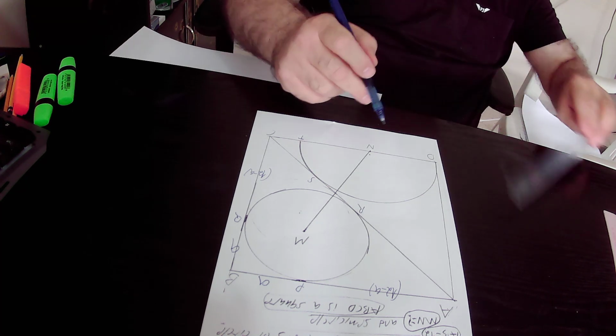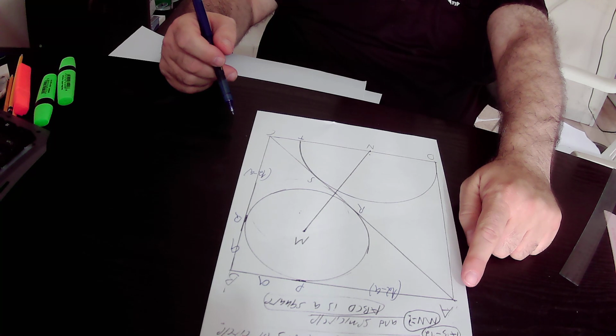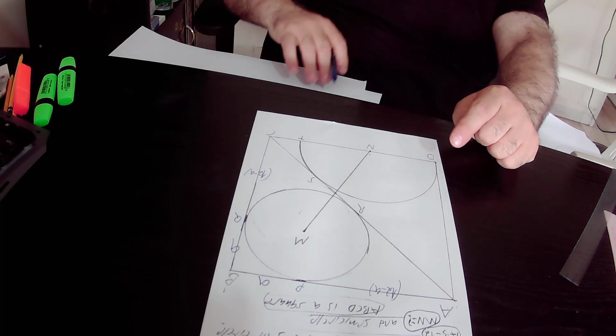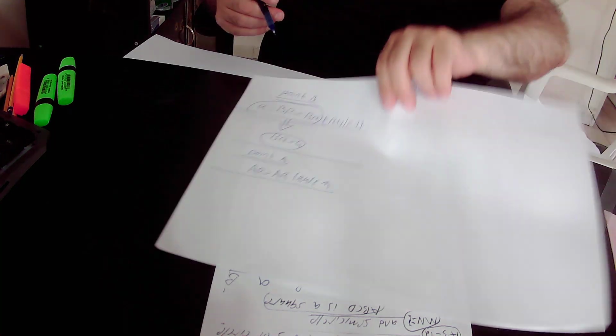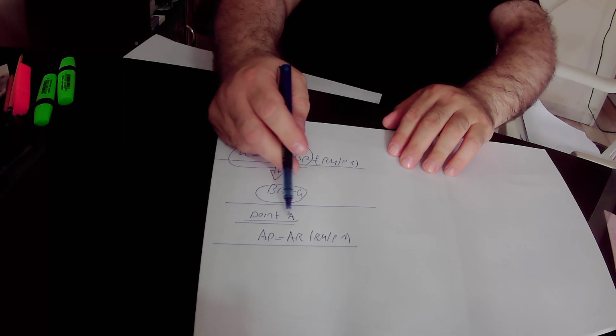And the second tangent from the external point A is AR. According to rule number 1, AP is equal to AR.